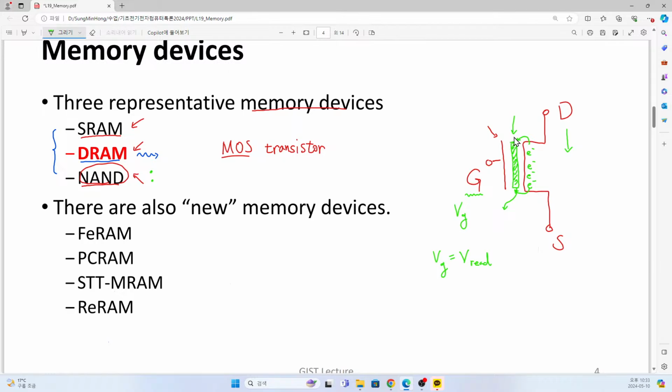So based upon the amount of charge stored in that silicon nitride layer, we distinguish the logic levels. Okay, so I quickly covered the other ones, and now we have two other ones. So let me just go to the next page to describe the SRAM.